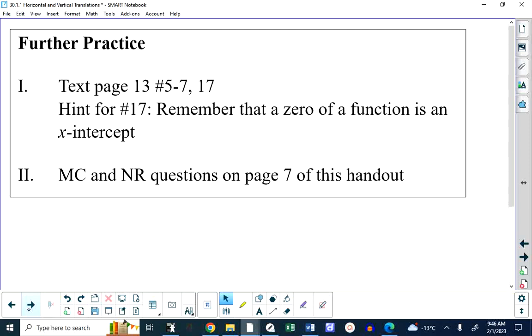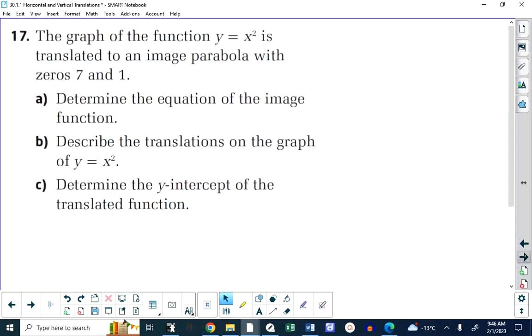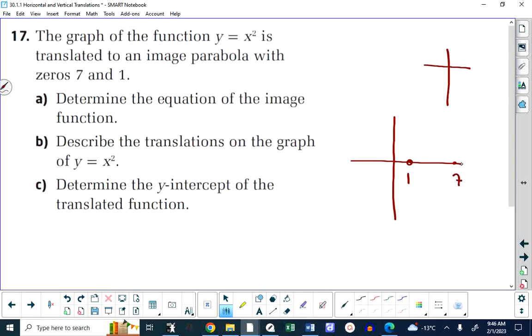For number 17, you're going to have 2 missing parameters. And the hint I would give you for number 17, I'm giving you a hint that says the zeros are 7 and 1. Those are x-intercepts. So the graph passes through 1 on the x-axis and 7 on the x-axis, which means you have two pairs of points.